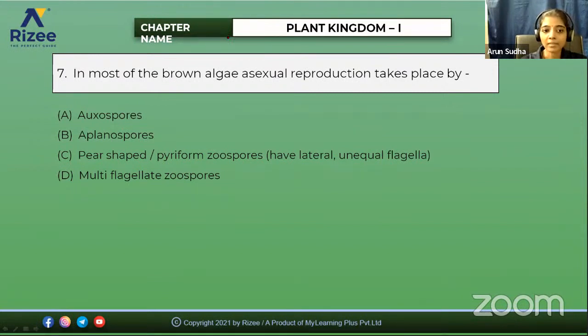Yeah, C. You have to be clear: this is the special feature in asexual reproduction in brown algae, the pyriform, pear-shaped zoospores. So option C is correct.